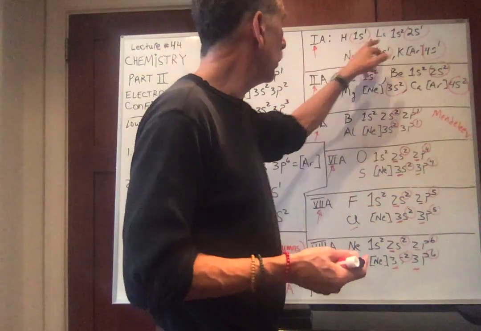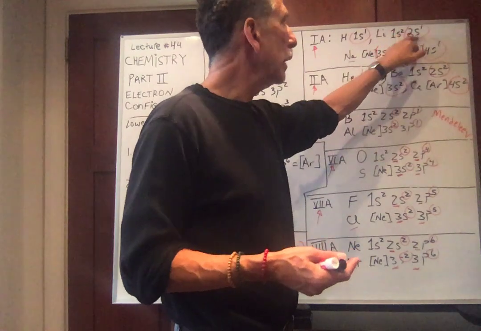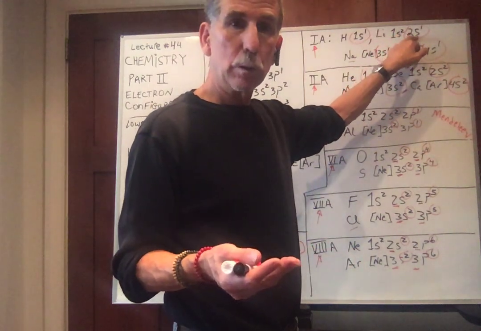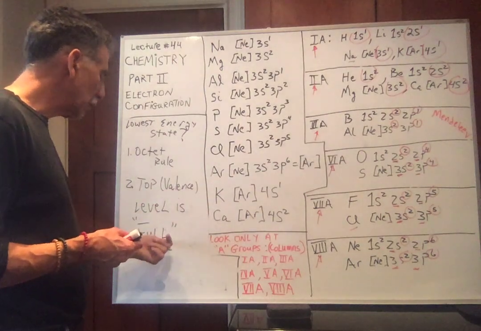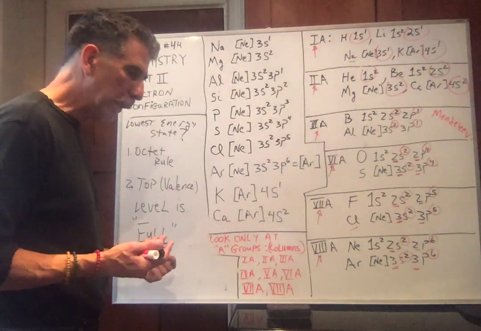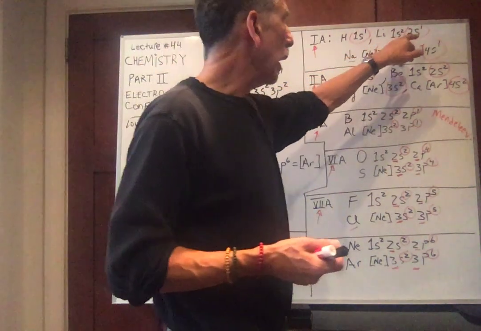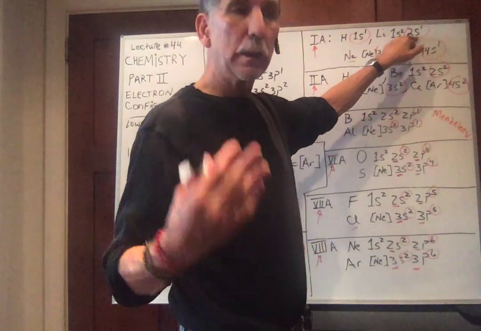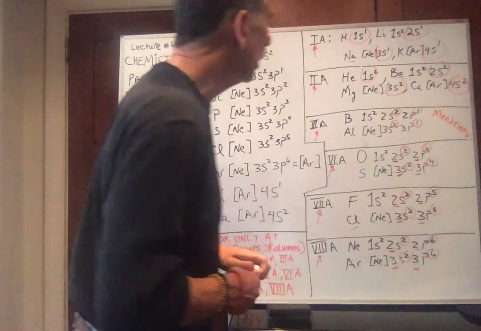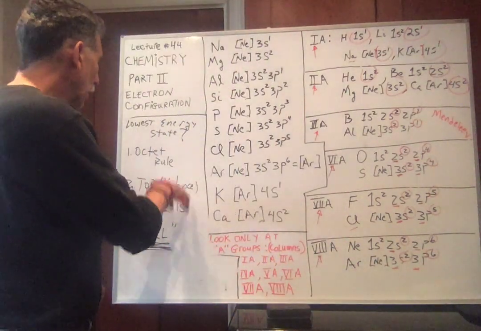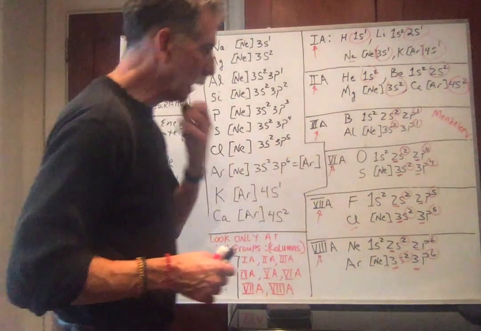So lithium could add 7 more electrons. But how about the rule that the top valence level is full? If you add 7, the second level would be full, and you'd obey the octet rule.